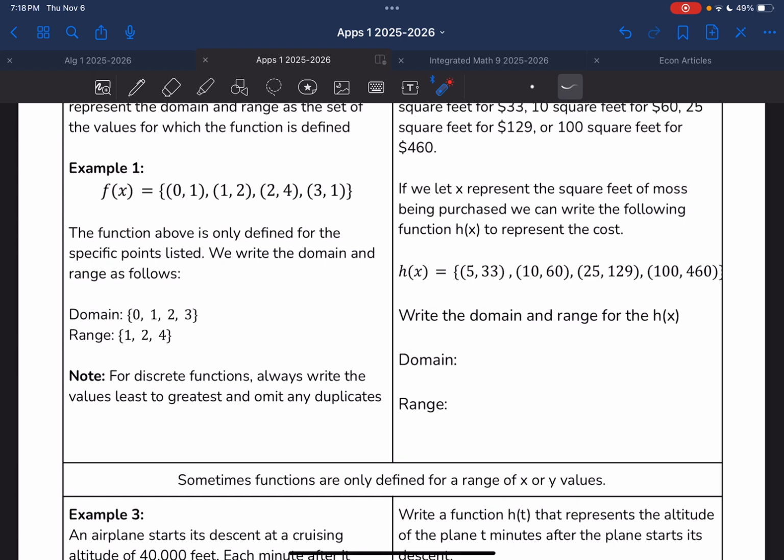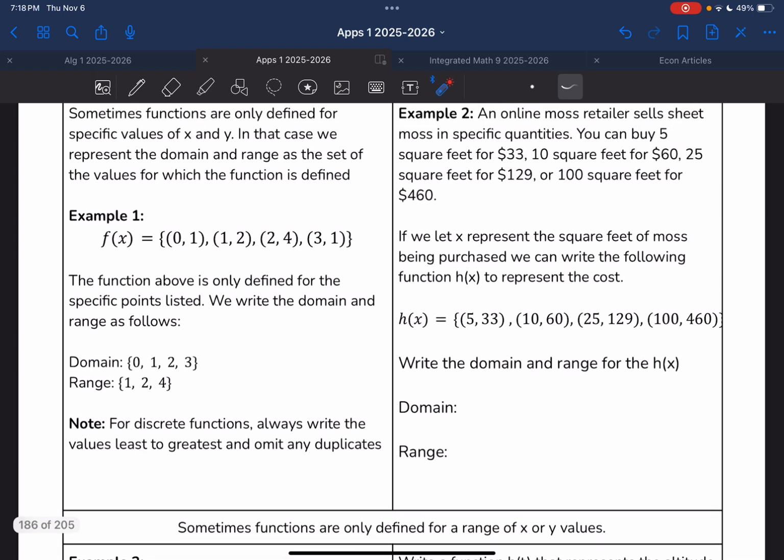And we know that you can't buy 15 square feet of moss. You can't buy 15 in one package. You would need to buy one 5 and one 10. But if we're assuming you're only buying one package, you can't choose your amount. You're limited to these specific quantities.